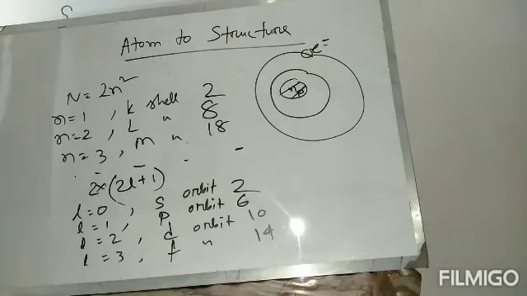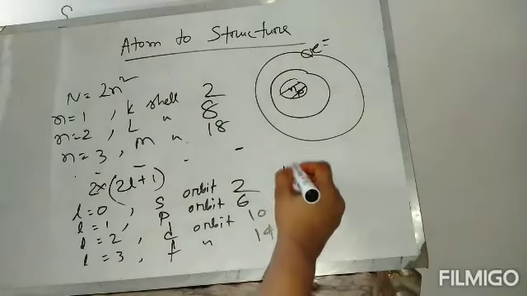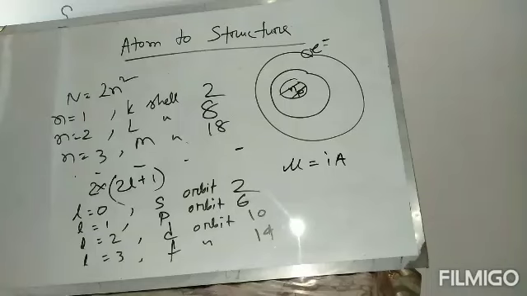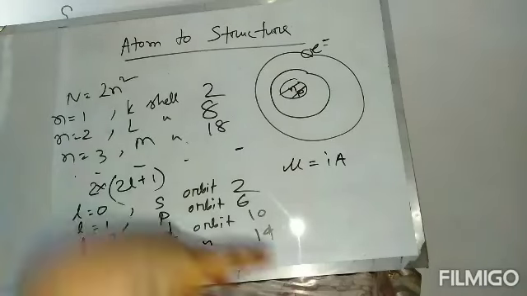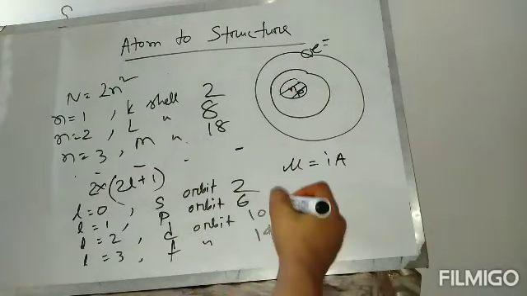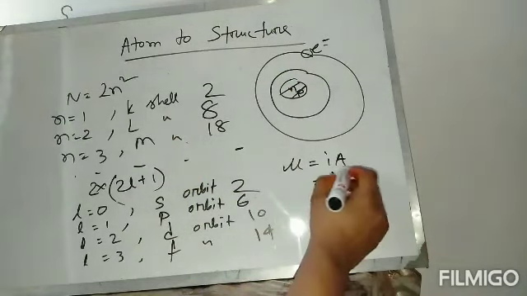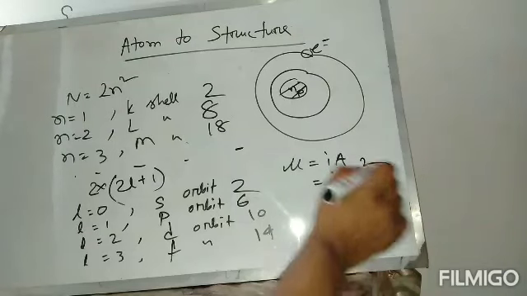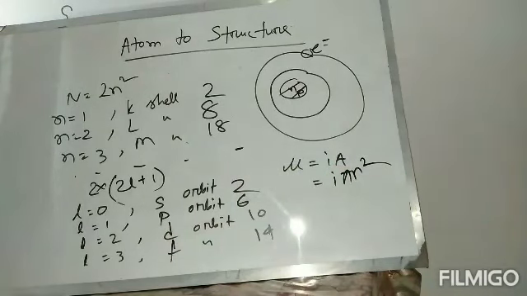If current is flowing in this closed path, some magnetic moment is induced. So here the magnetic moment mu equals I, the current of the electrons, times A, the area enclosed by this closed path. A means pi r square, where r is the radius of the orbit.